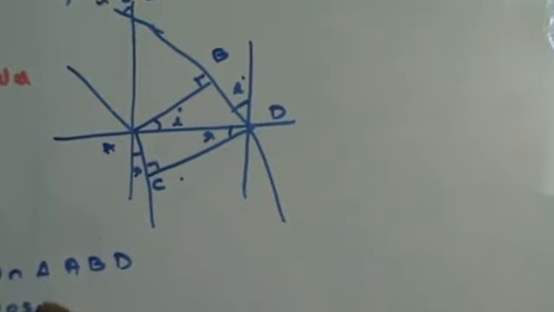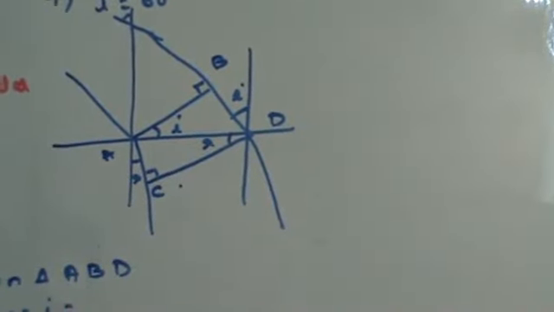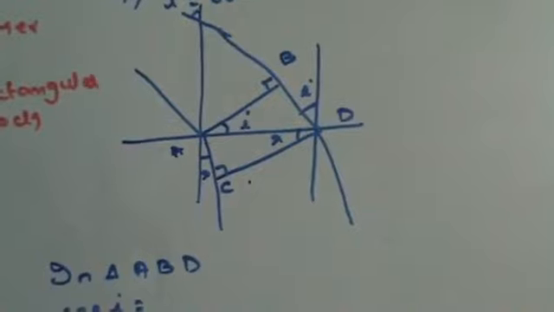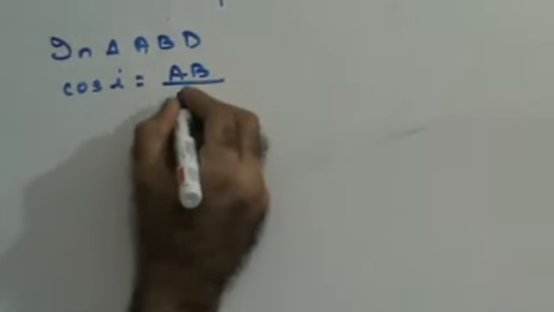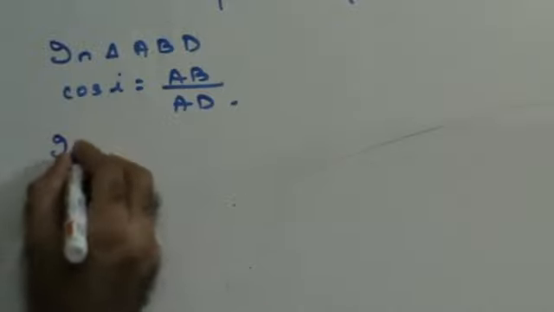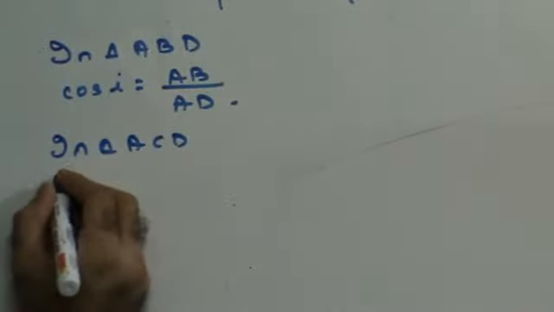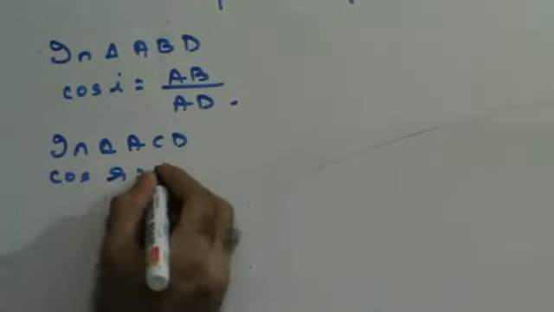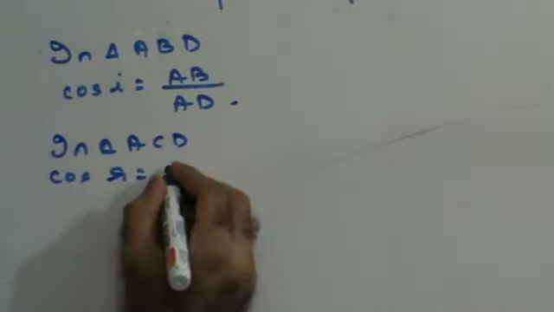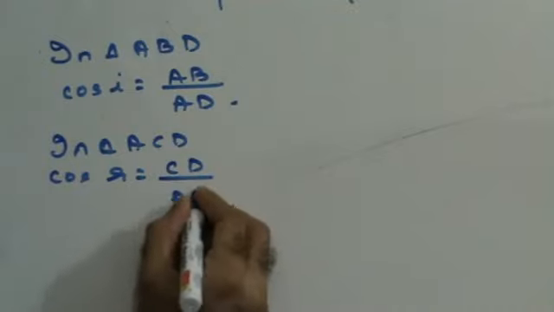I can say that cos I, cos is nothing but adjacent upon hypotenuse, so cos I is going to be AB upon AD. Similarly, in triangle ACD, cos R is adjacent, that is CD, upon AD.